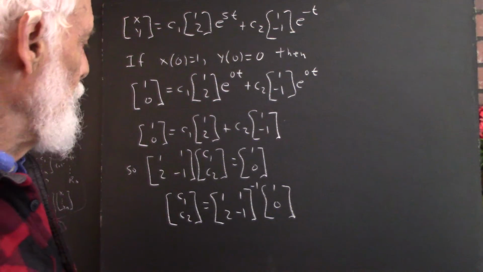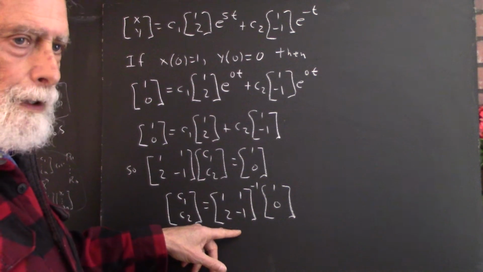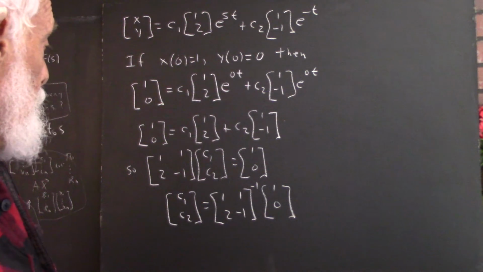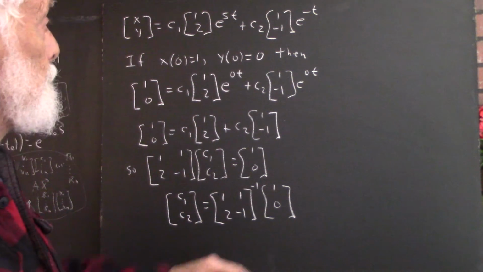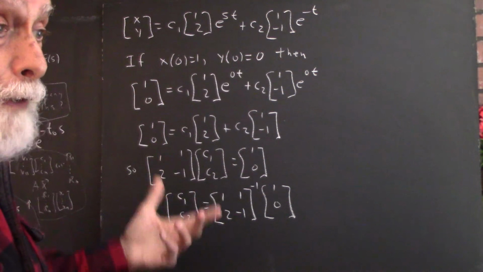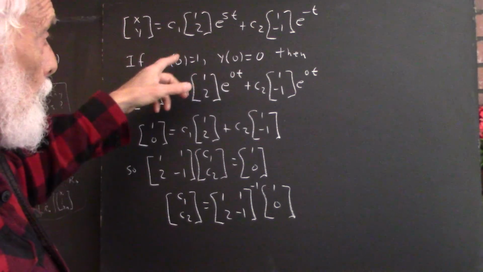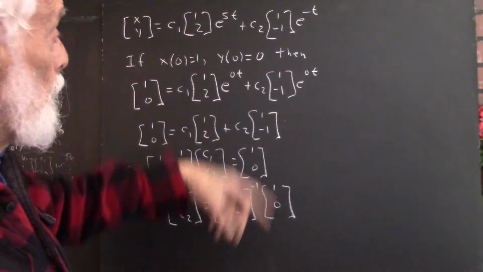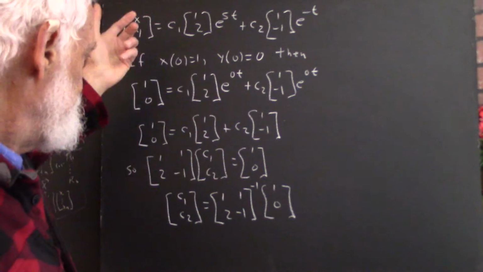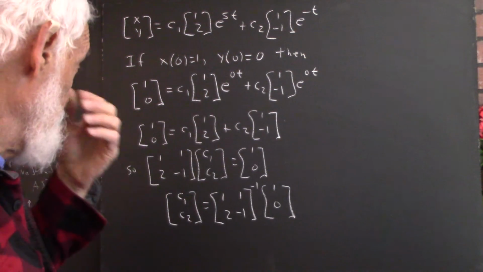Now, it's easy to invert that matrix. I'll probably mess it up if I invert it, and I don't want to take the time to do it because I want to talk a little bit about complex solutions. But there we have it. And whatever your initial conditions are, wherever they occur, whether at 0 or one of them at 0 and one of them at 1, you're just going to get numbers over here, and you're going to get C1 times a column of 2 numbers, C2 times a column of 2 numbers.